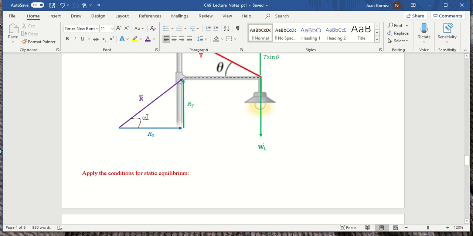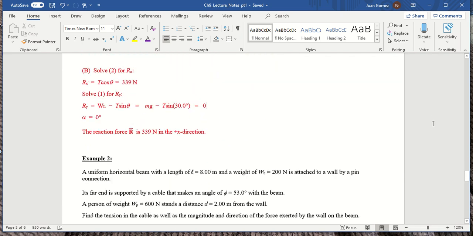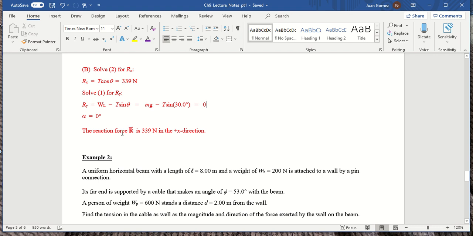The angle alpha is 0. Because Ry is 0, the reaction force is entirely in the positive x direction. And so the magnitude of the reaction force is 339 newtons, and it acts in the positive x direction.